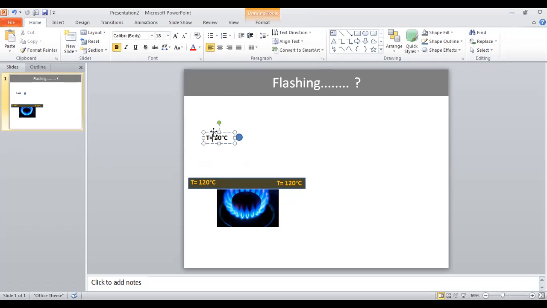Normal ambient means your pressure is 1 bar. The better term is 1 atmospheric, which is close to 1 bar.